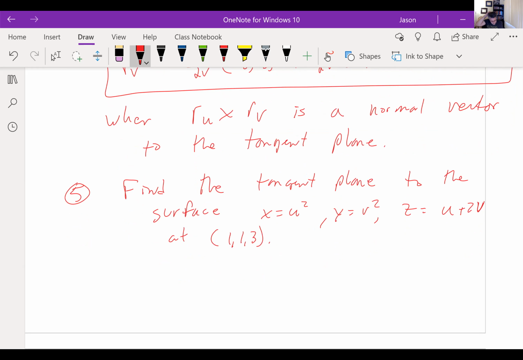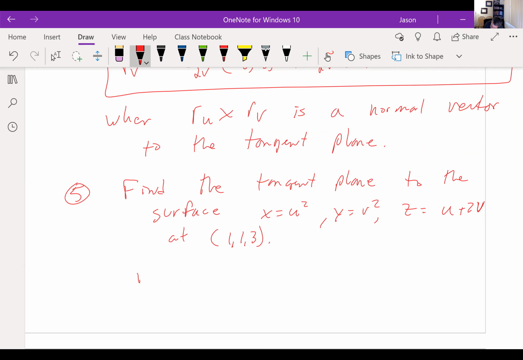So find the tangent plane to the surface of this parametric equation. This is some surface in parametric form, using u's and v's.